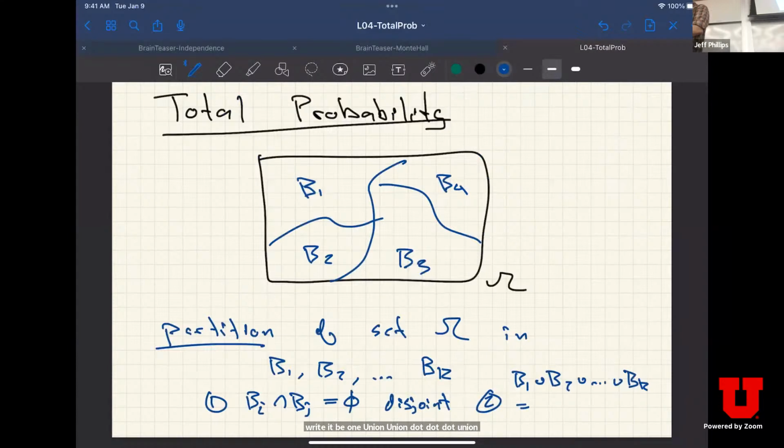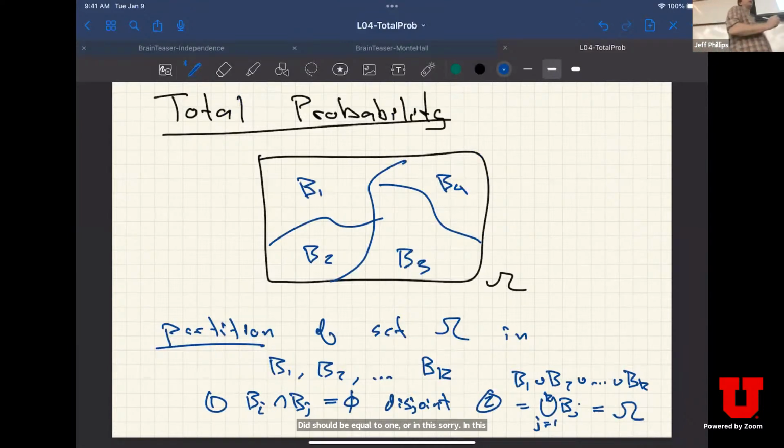I can usually write this as a big union, j equals 1 to K of Bj, right? So this is like writing a big sum. If you use the sum notation, you have a big union, you can add up all the sets. This should be equal to the total sample space.